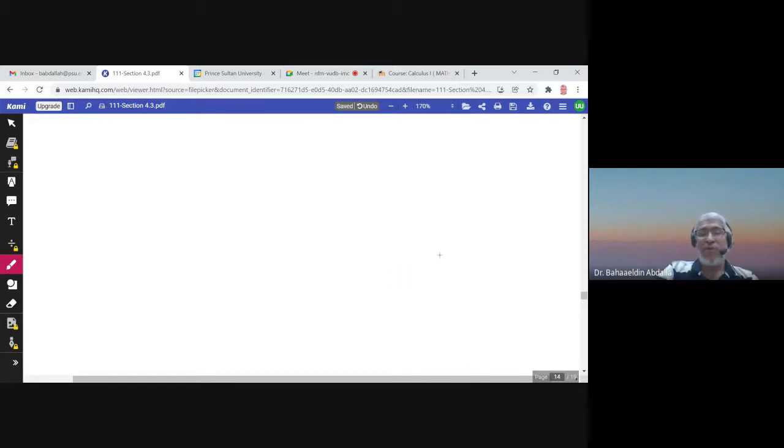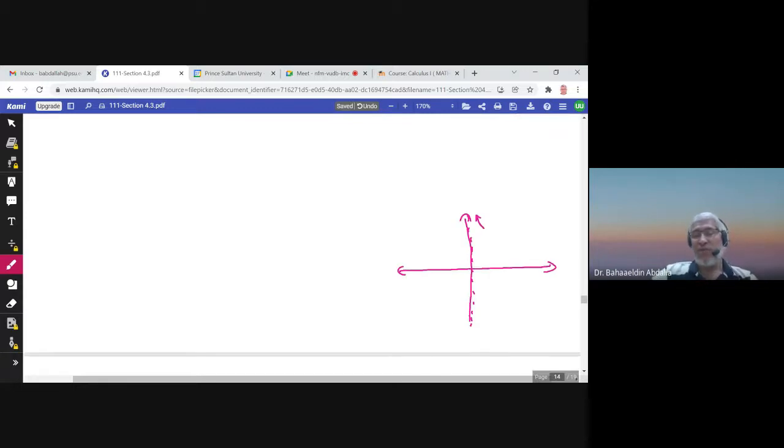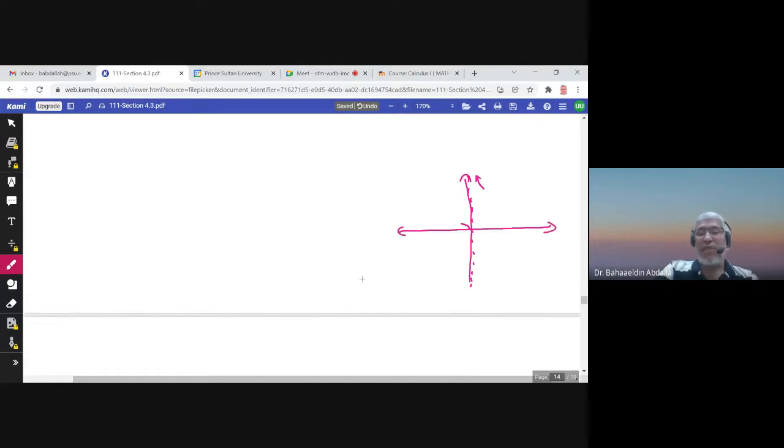But when I approach 0 from the left, the curve approaches 0. It becomes closer to 0. But notice that 0 is not in the domain, so I'll make sure that I have an open circle here.